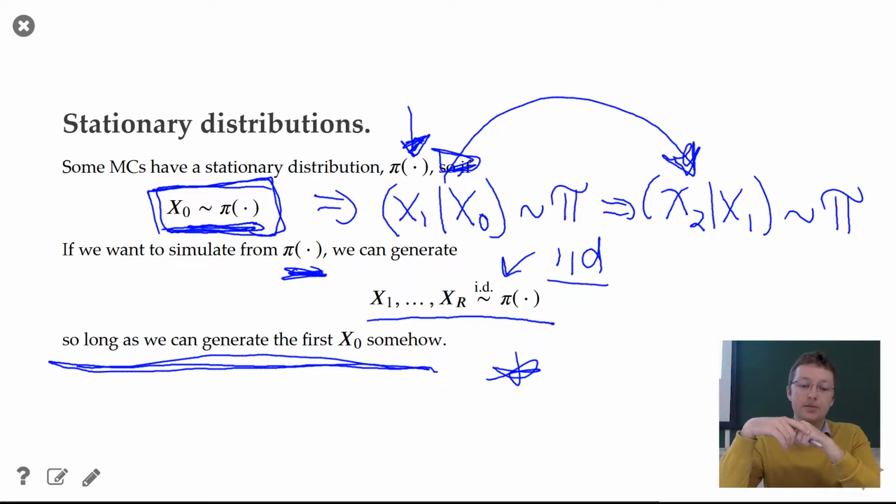If you move one step and another step and you do this 100 times, and they're all from the same distribution, then you can use that as a sample from pi. Instead of crude Monte Carlo where you sample from pi directly, you could just move the Markov chain around 100 times and take wherever it lands to be the 100 things you use in Monte Carlo.